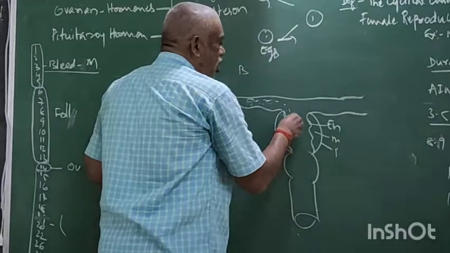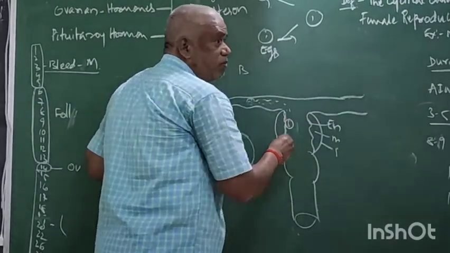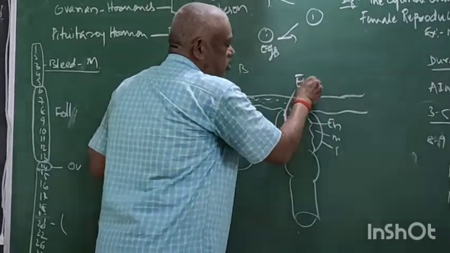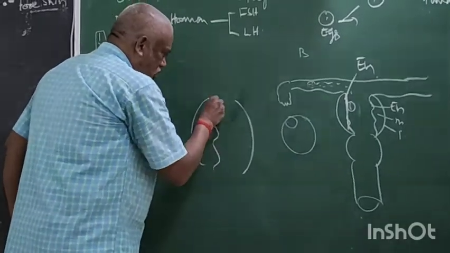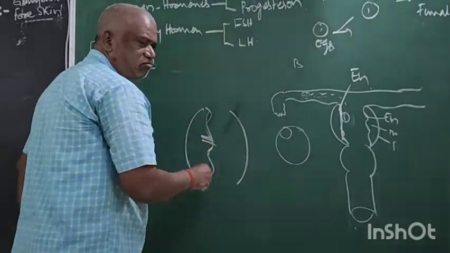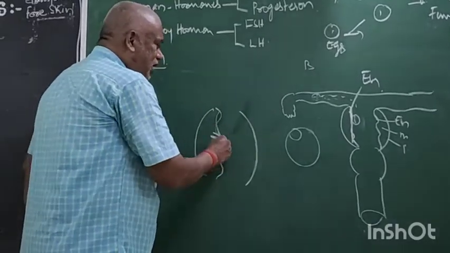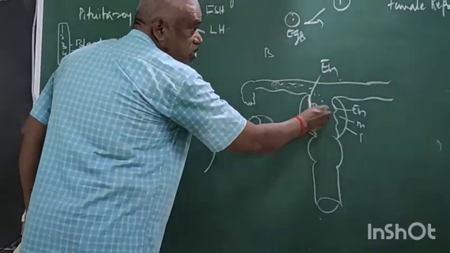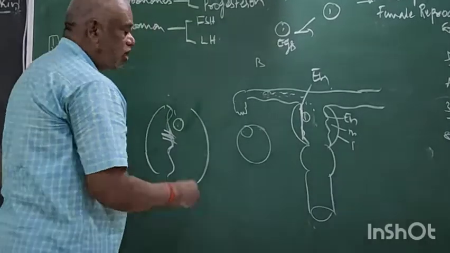Now, what is this? Unfertilized ovum. The unfertilized ovum is attached to the endometrium layer. This is the endometrium. Now, it is the uterus. This endometrium is highly vascular. That means some capillary network is there. Now, what falls in the uterine cavity? Egg. That egg is fertilized or unfertilized? Unfertilized.